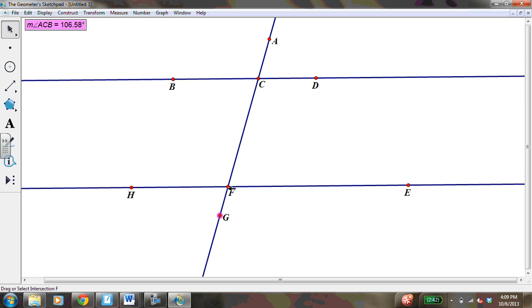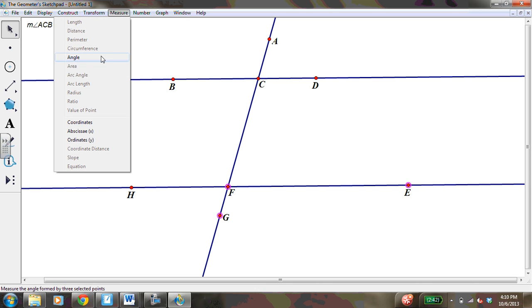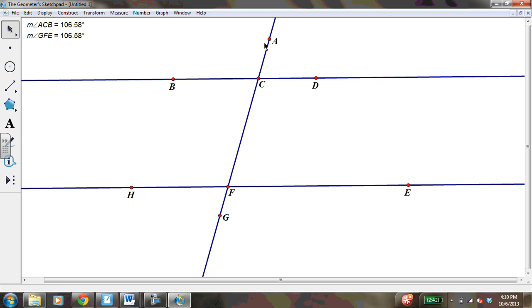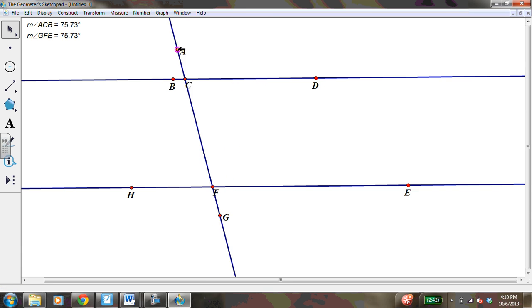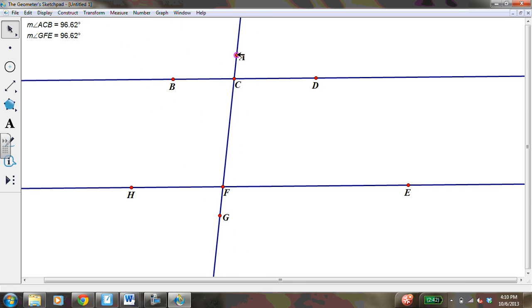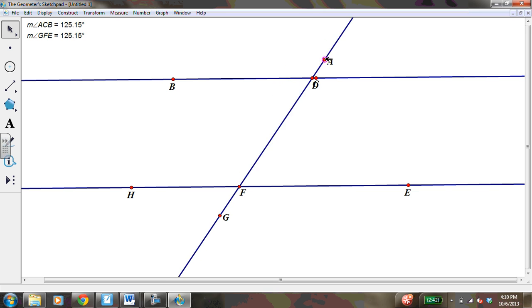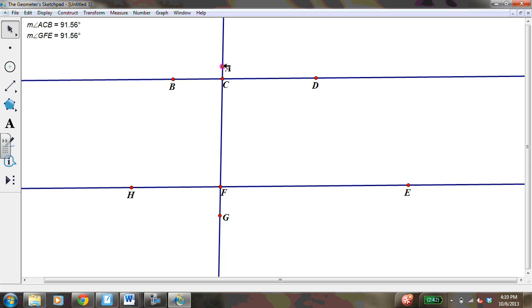The alternate exterior angle with ACB is GFE. And I'll measure that angle. Notice those two angles are exactly the same. No matter where I move point A, angle ACB and GFE are the same. So I can conclude that alternate exterior angles are going to be congruent.